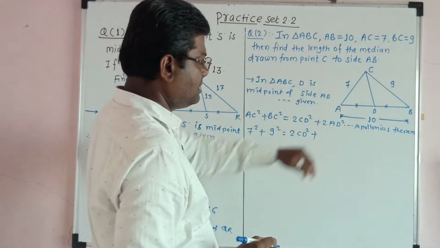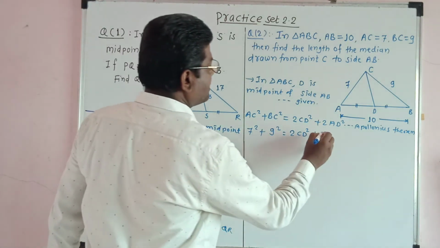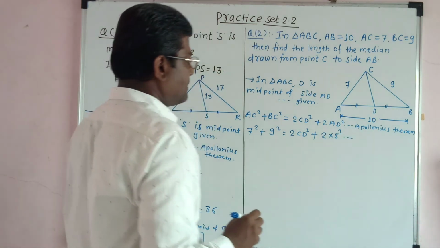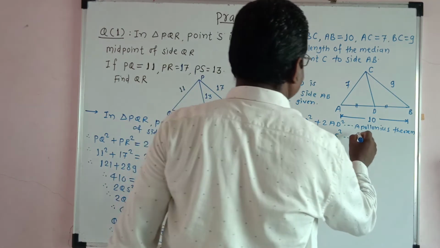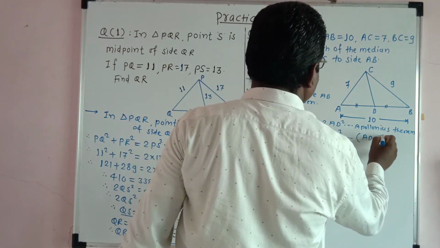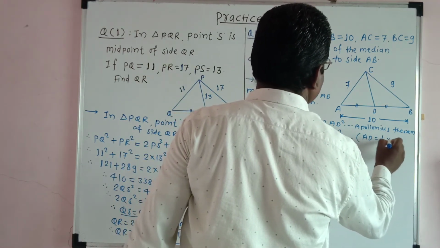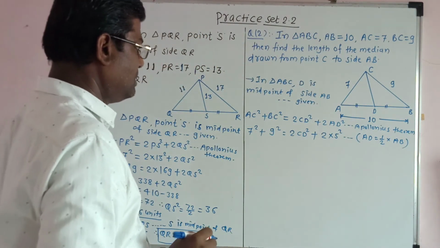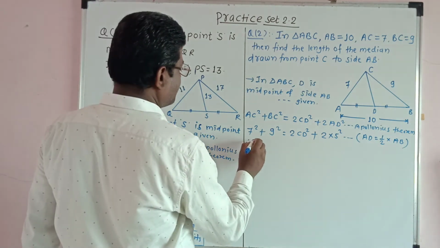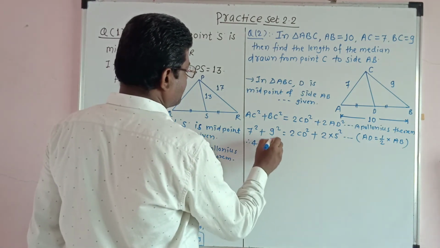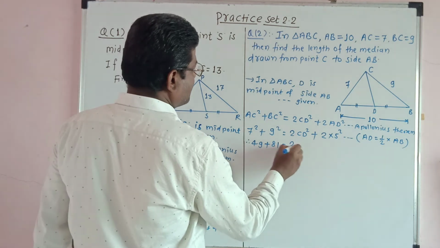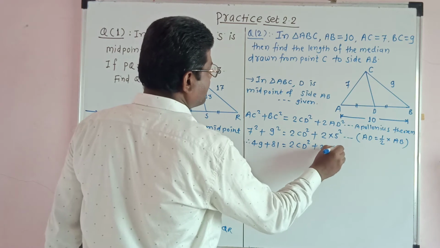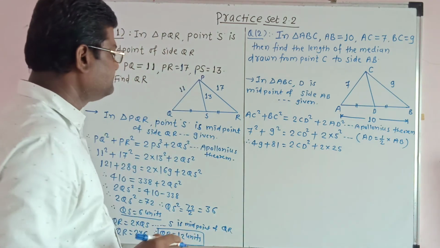Now AD is 5, so 2 into 5 square. And here reason, AD is equal to half into AB. Therefore 7 square is 49 plus 9 square is 81 is equal to 2 into CD square plus 2 into 5 square is 25.